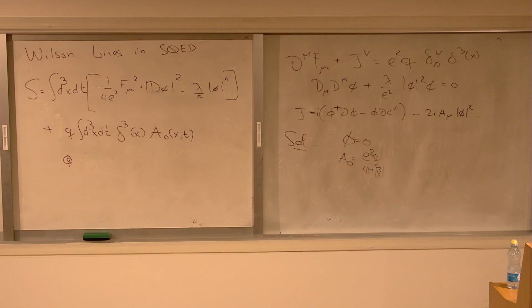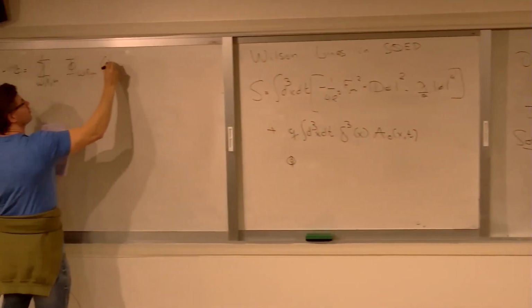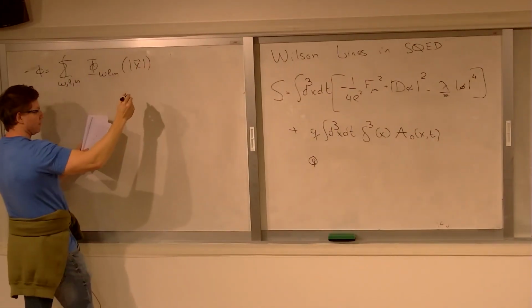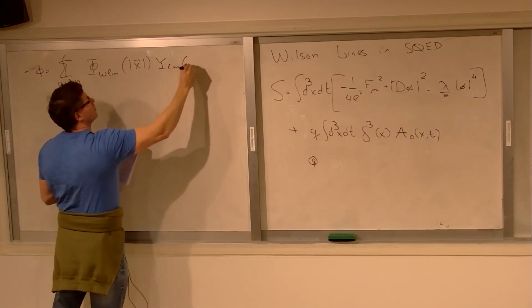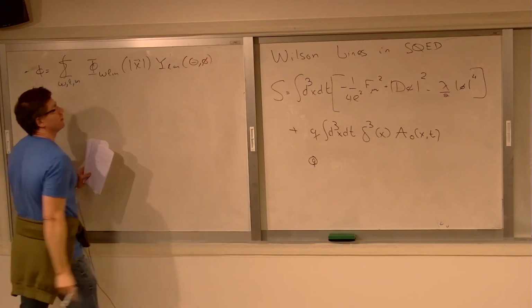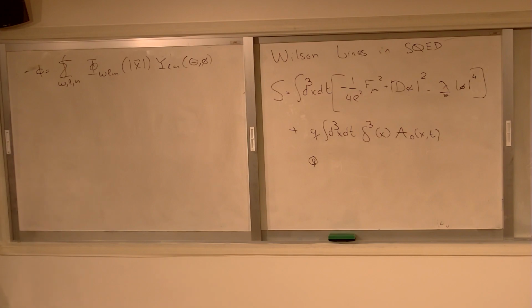So we expand the scalar field phi as a sum over the frequency and angular momentum. It's an integral sum, just the usual separation of variables. I'm doing it in a little bit more detail, but very quickly, so that you can reproduce it easily if you want. This is just a general solution for the scalar field in terms of a radial component and an angular component.